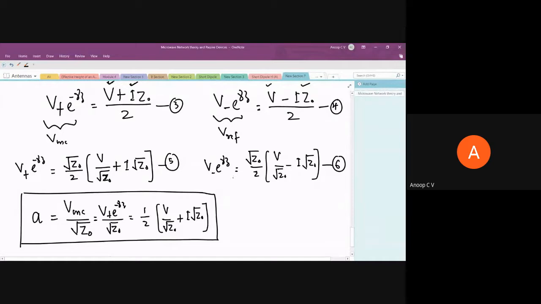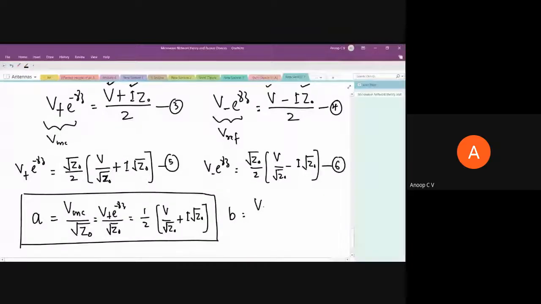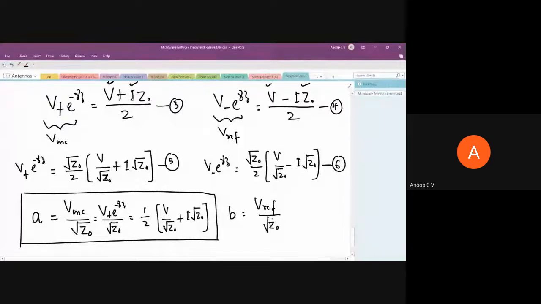Now I'm going to define B as V reflected divided by root Z naught. I know it won't make any sense now, but today I'm only deriving how I can represent A and B in terms of V and I. In the next class, I'll explain it in detail. So today, only this much.